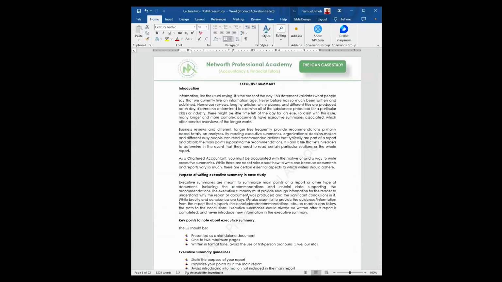The executive summary in the case study exam is very similar to an abstract in academics. In academics, there are criteria to get promotion: the lecturing criteria, the community service criteria, and the research criteria.